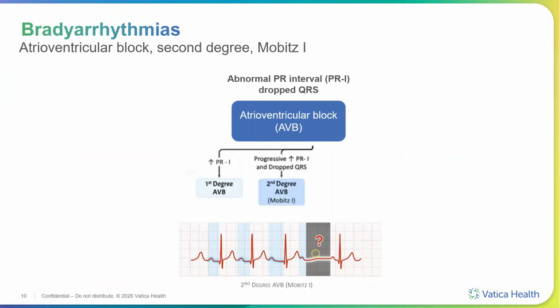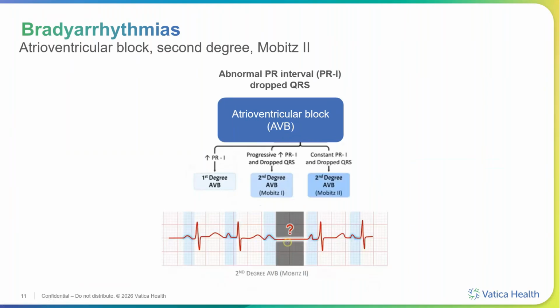Now, if the PR interval is getting longer and longer, and then the QRS drops, that's a second degree Mobitz 1. I'm sure you've heard, if the PR interval gets longer and longer and then you drop, that's a Wenckebach. If the PR interval is constant, but the QRS complex randomly drops, then that's a second degree Mobitz 2.